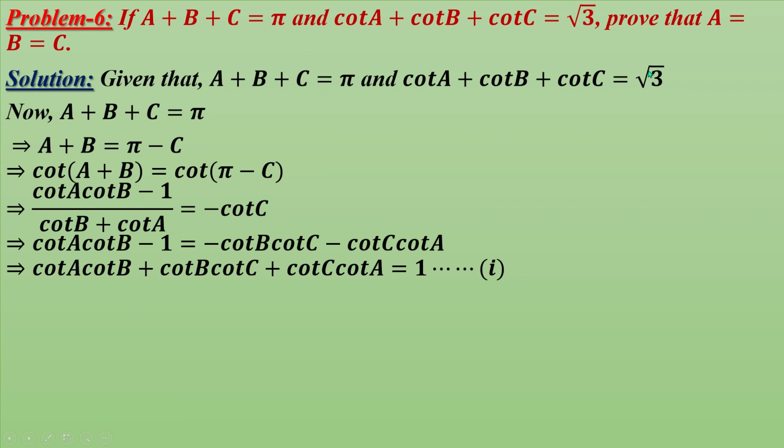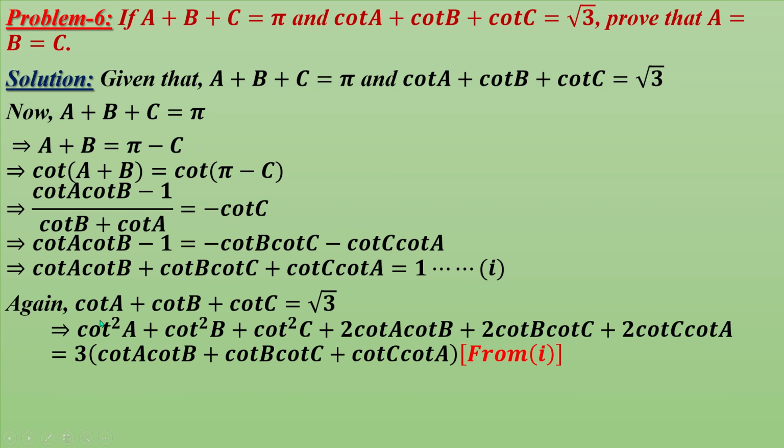Now another given condition: cot a plus cot b plus cot c is equal to root 3. Squaring on both sides, the left side is (cot a plus cot b plus cot c) whole square, that means cot square a plus cot square b plus cot square c plus 2 cot a cot b plus 2 cot b cot c plus 2 cot c cot a, and the right side will be 3.